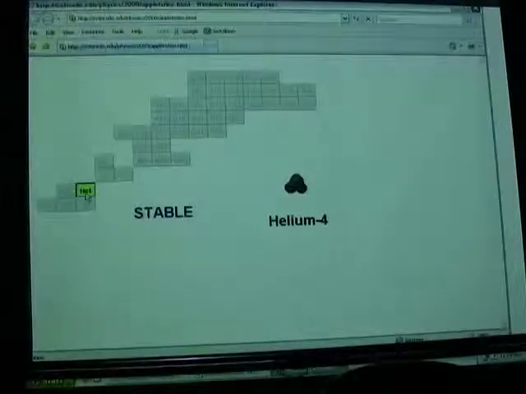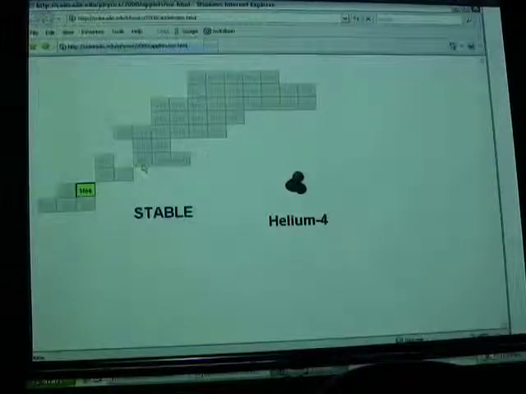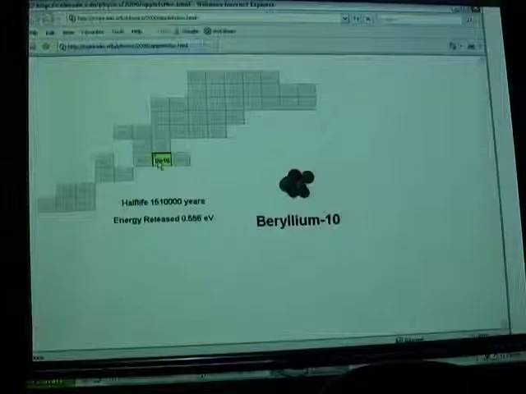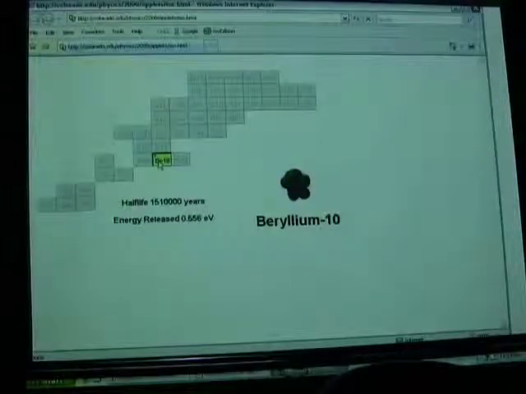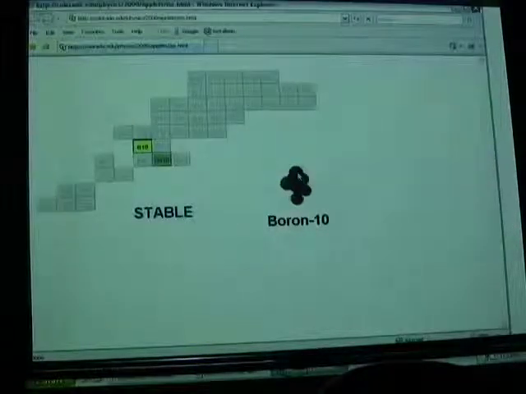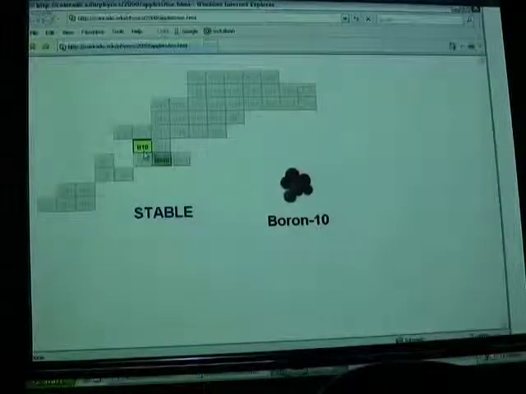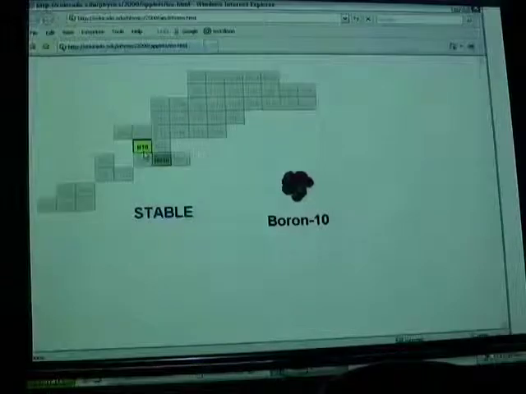Now, how about helium 4? That is a stable isotope. Let's go and look at beryllium. That is stable, but that is unstable. It emits a beta and gave rise to beryllium 10, boron 10.